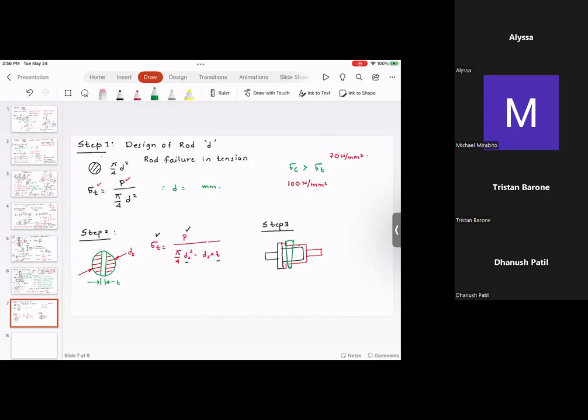Now, if this Cotter has to fail, think about it, you have a load here. If you have a load here, if this Cotter has to fail, then this Cotter is going to fail in double shear. So the Cotter fails in double shear.